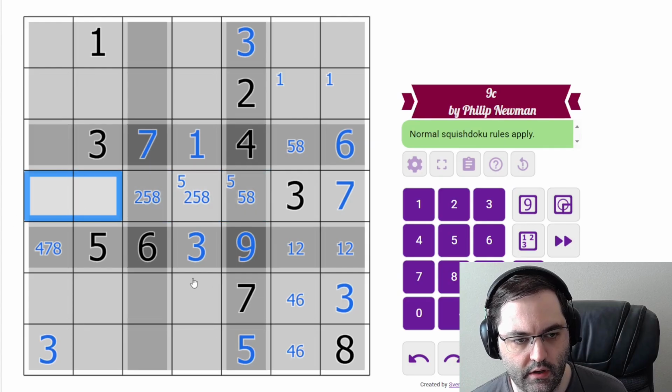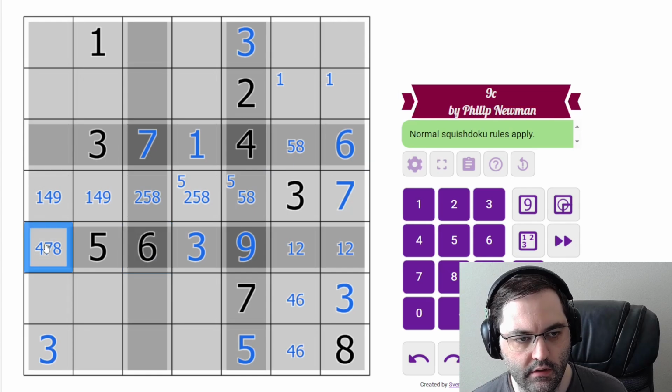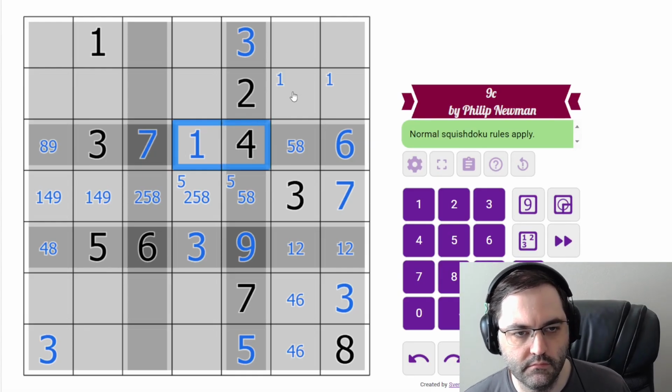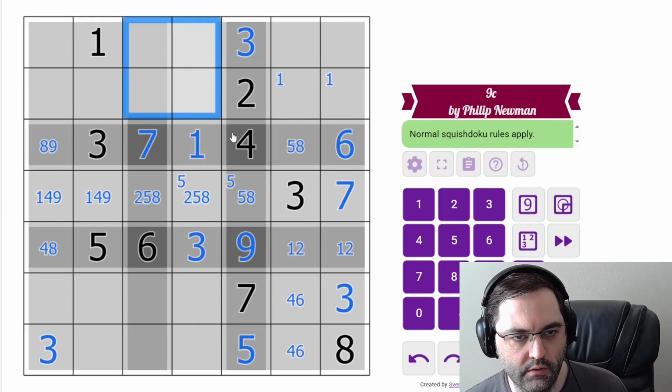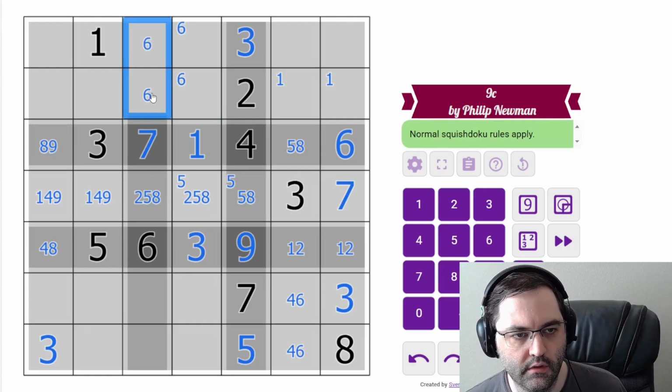Now these are from 1, 4, 9. They can't be 2, 3, 5, 7, 8, or 6. This is no longer 7. And this can only be 8 or 9 because of the 1, 4 here. All right. Up here we need 5, 6, 8, 9. 6 is going to go in one of these cells. 5, 8, and 9.